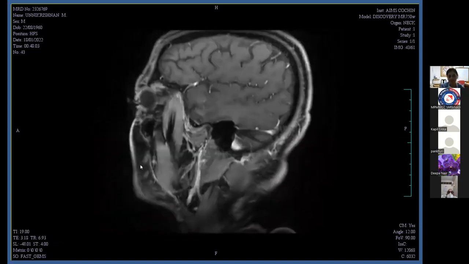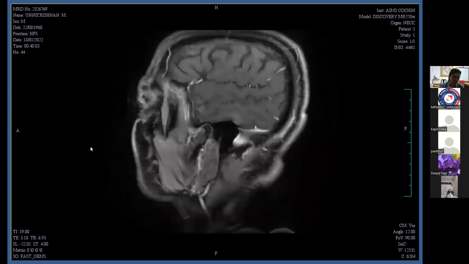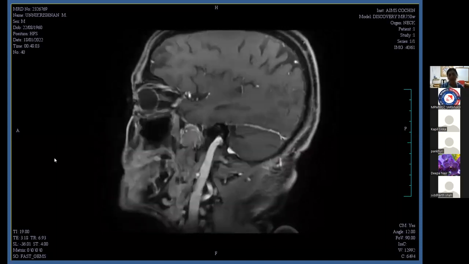So as we can see, it is T2 bright and there is non-contrast enhancement, causing contour bulging, not eroding. So my differential goes towards either a benign sinonasal tumor or a low grade slow growing malignant tumor.